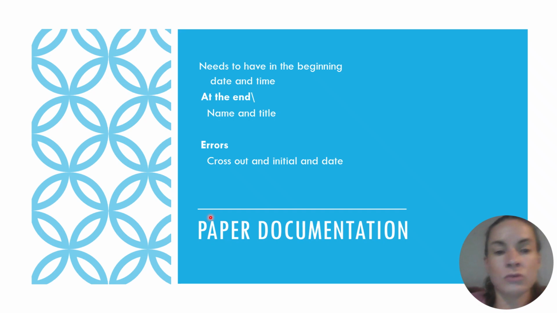It has to be crossed out with one line and then initial and date. After you've crossed it out, you initial and date and write error. Okay, so this was covered. You could get questions on all this, guys.